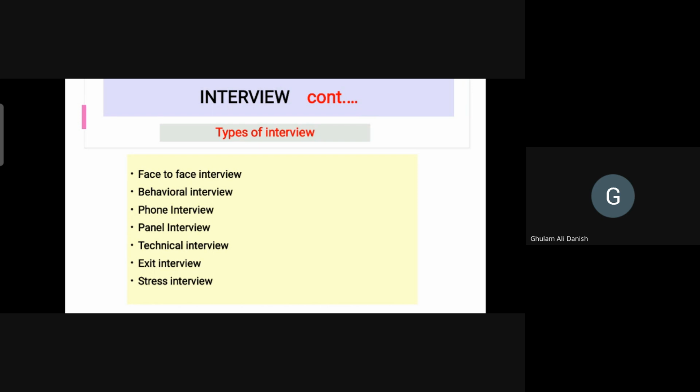That means they will give you a situation and talk about how you are going to feel and how you are going to work. The stress interview is where they review your skills, your abilities, how reasonable you are, with some brainstorming issues.